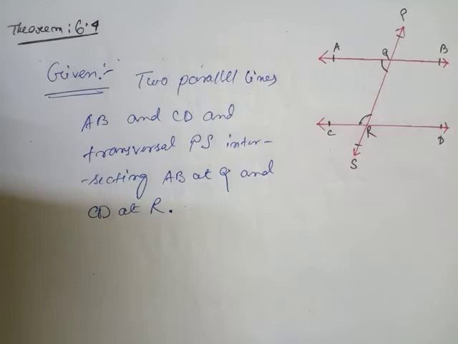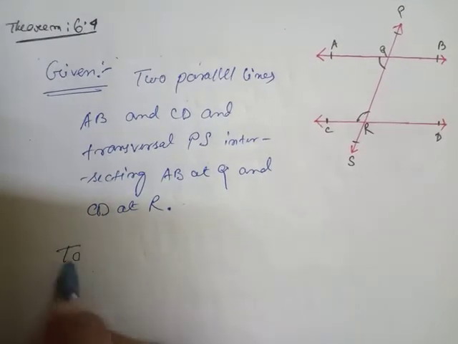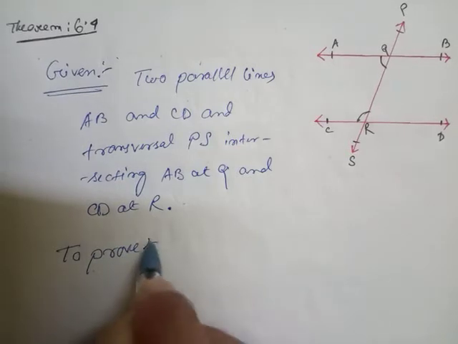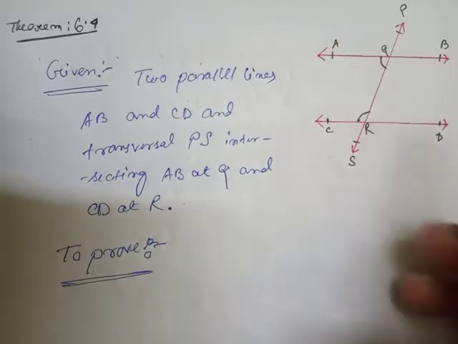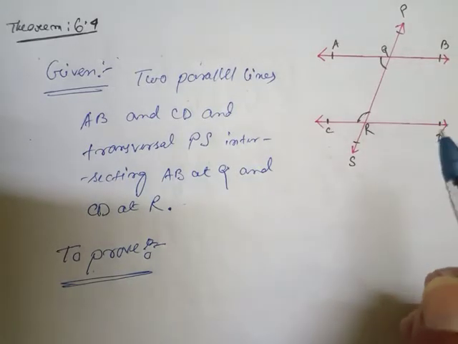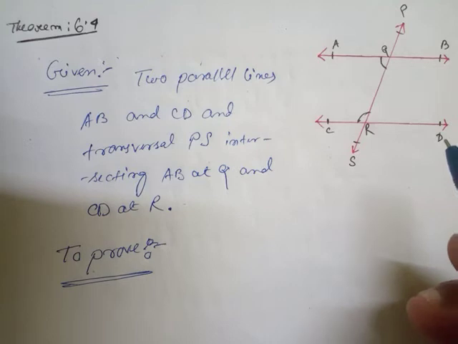Now look at what we have to prove here. We'll write here: to prove. According to the theorem, the sum of interior angles on the same side of a transversal is supplementary.